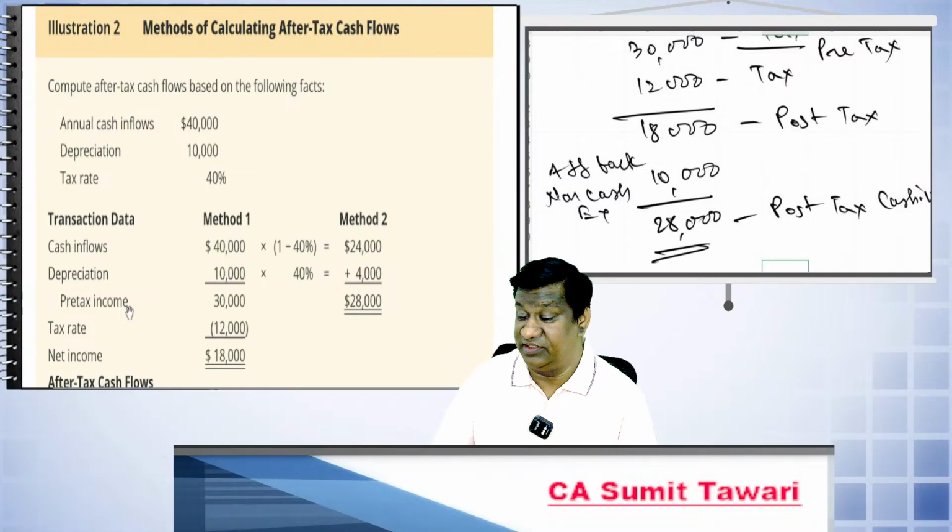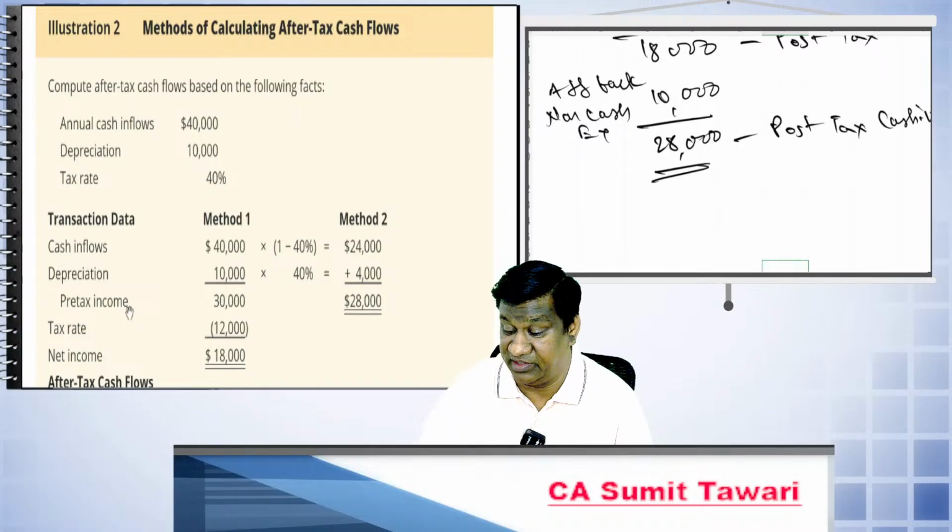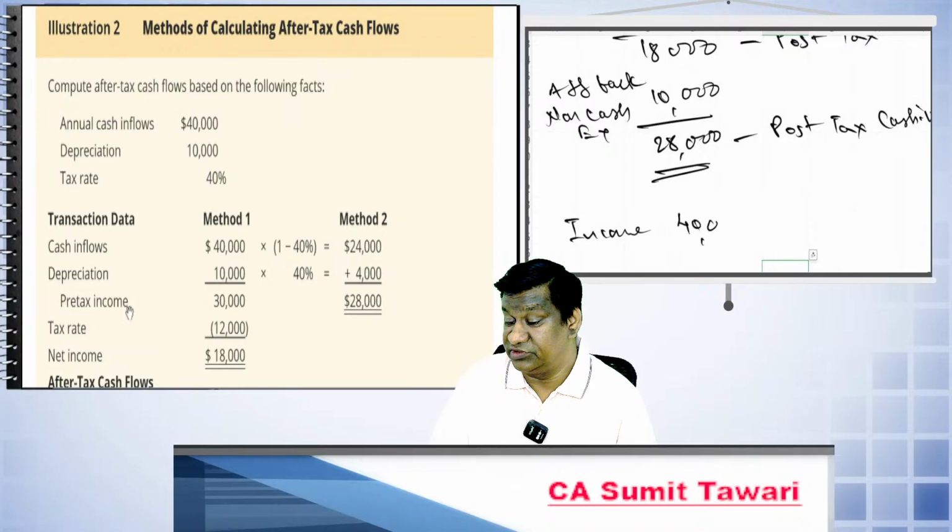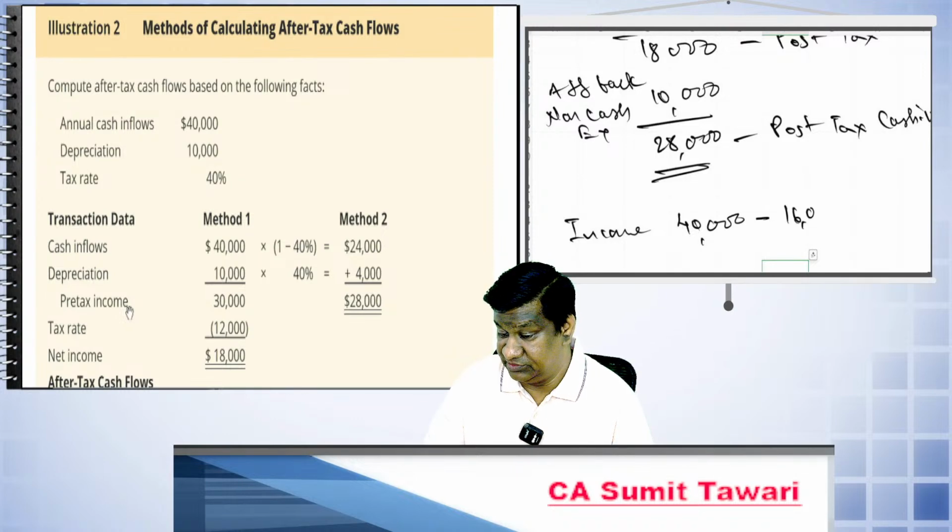You can do it like this or line by line item. Income 40,000, so this is the cash. For this item my tax is 16,000 at 40%. So post-tax cash inflow is 24,000.